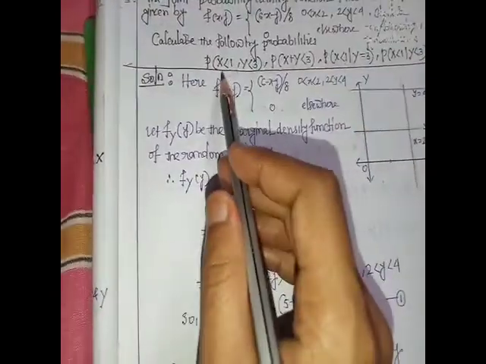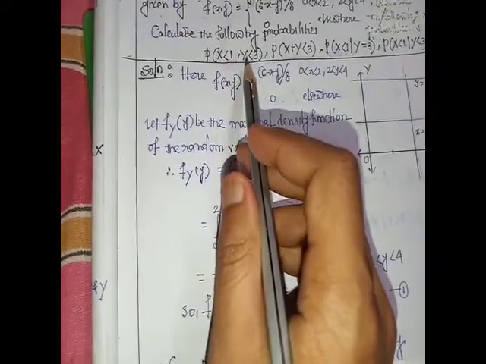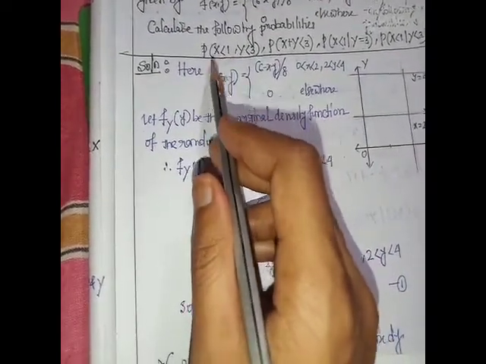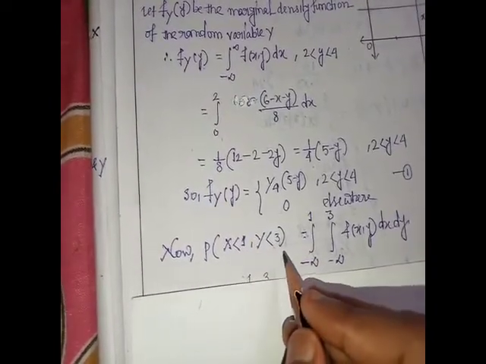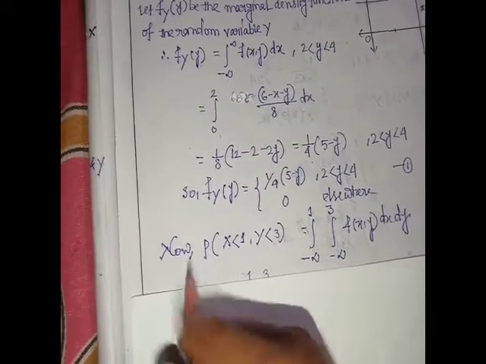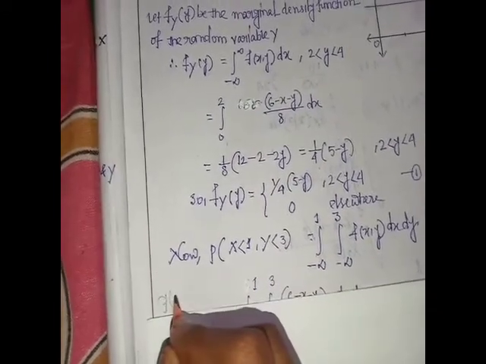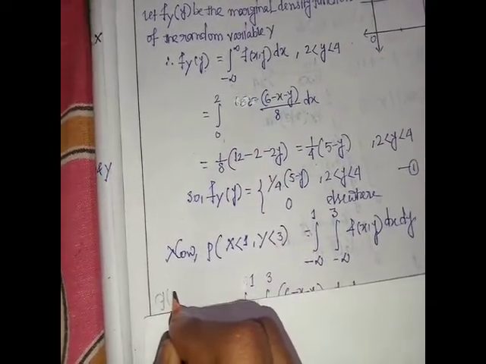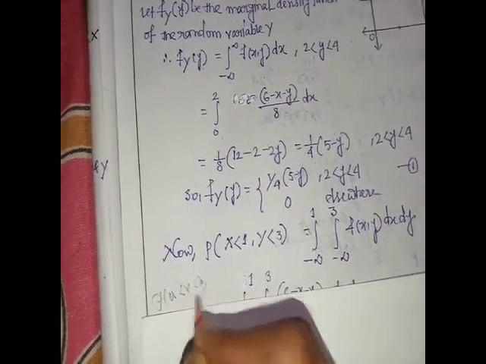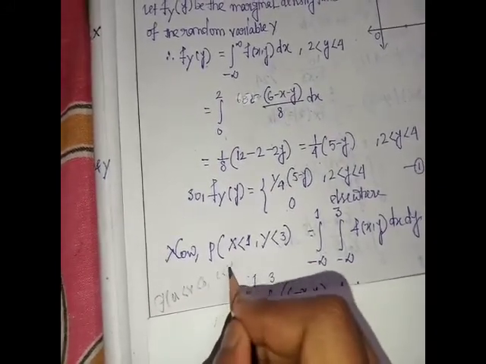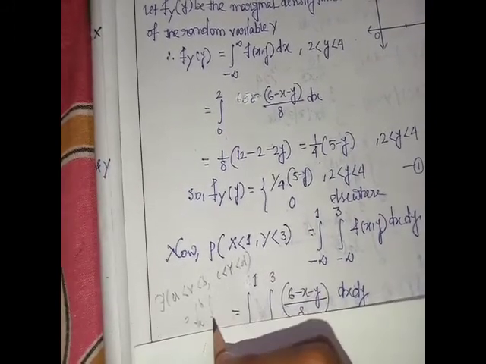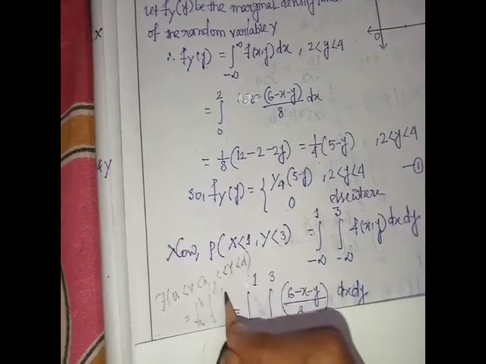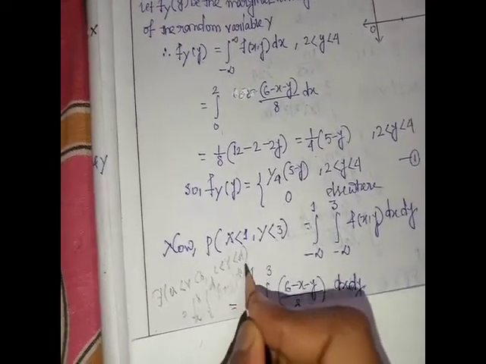First question: probability of x less than 1, y less than 3. We know the formula for the probability of a < x < b and c < y < d is the integral from a to b and c to d of f(x,y) dx dy.